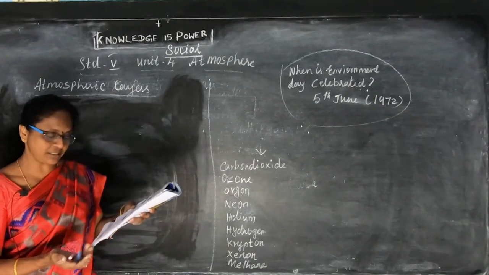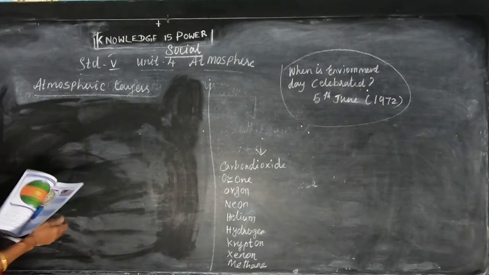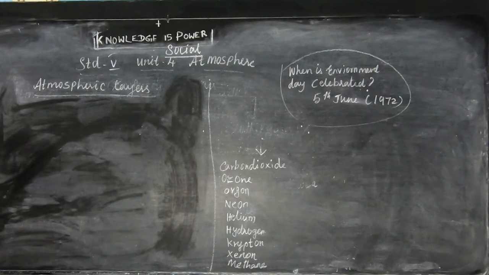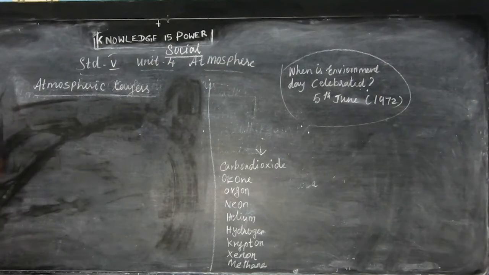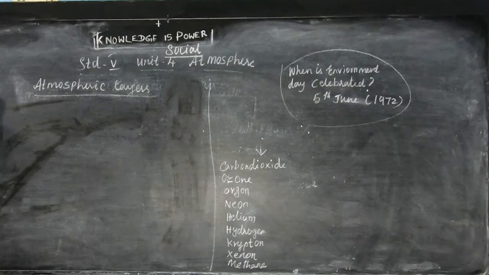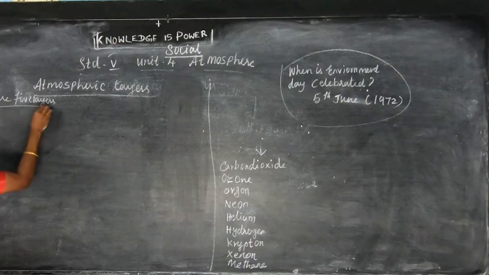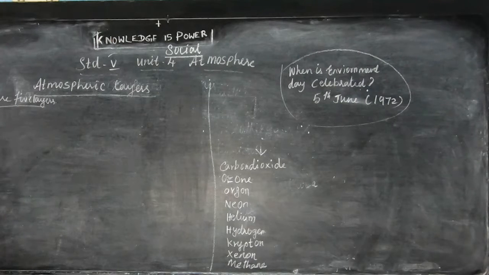What are the 5 layers? Troposphere, stratosphere, mesosphere, thermosphere and exosphere. So there are 5 layers of air.